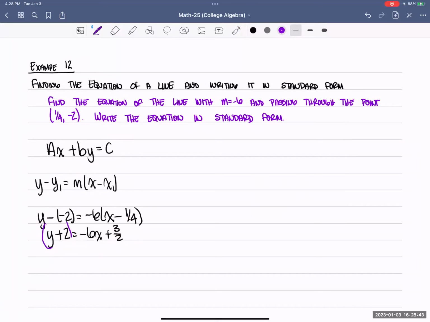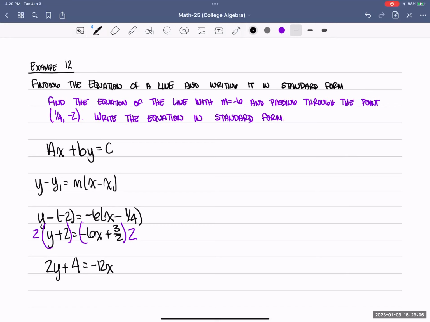Multiply the left side by 2, multiply the right side by 2. That leaves us with 2y plus 2 times 2, which is 4, is equal to -6 times 2, which is -12x.